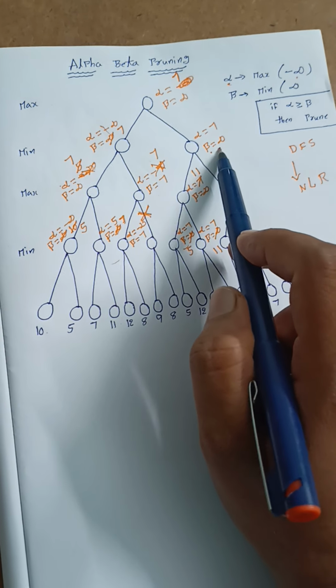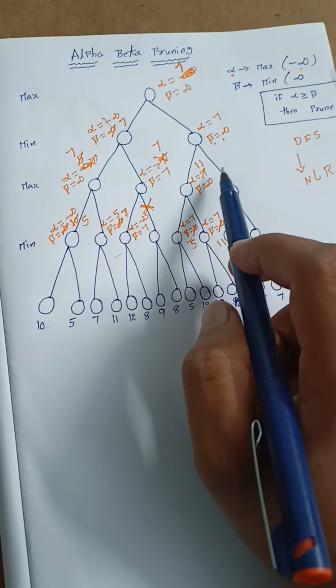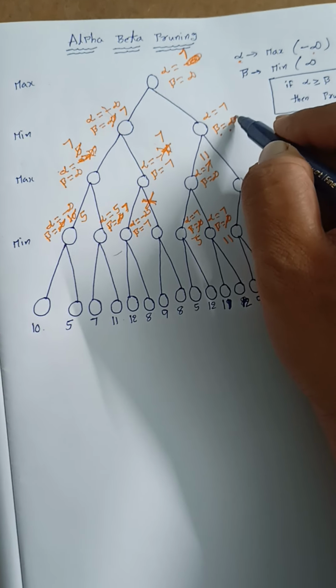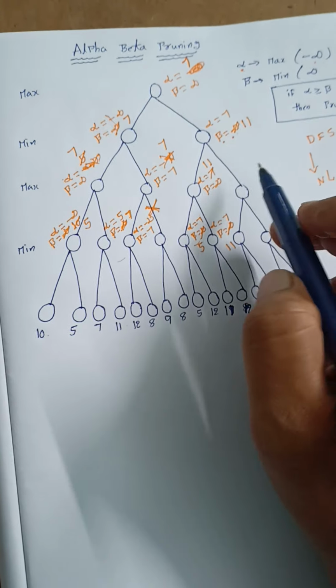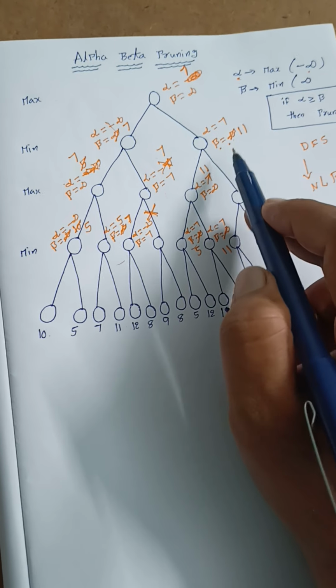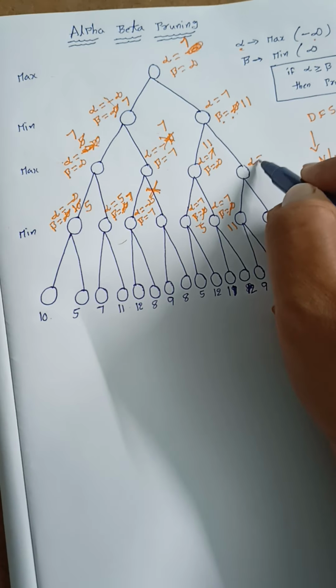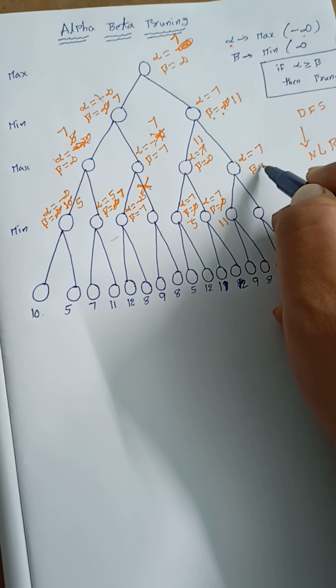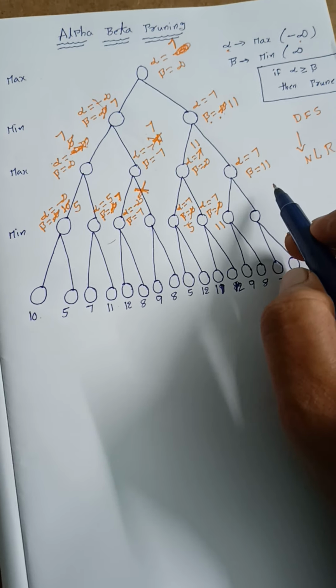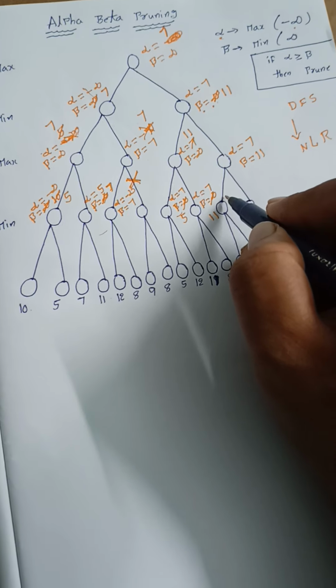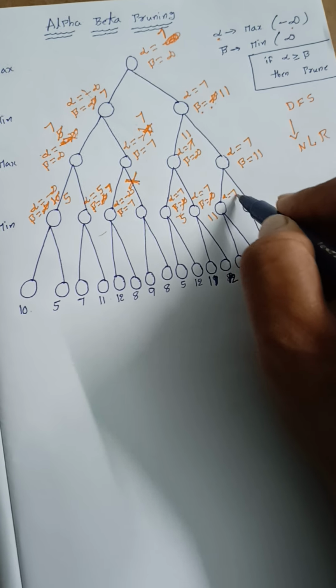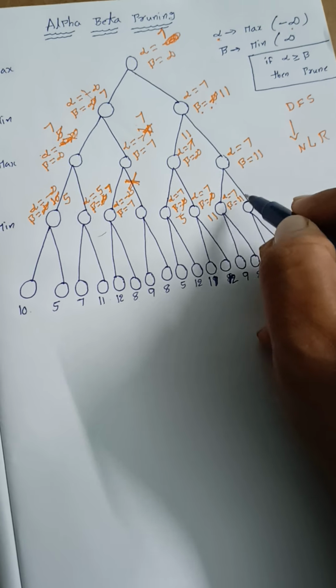Beta is infinity and 11, which is the minimum value? 11 is the minimum value. Up to now alpha is equal to 7, beta is equal to 11. Now we will move to the right child, with alpha equal to 7 and beta equal to 11.